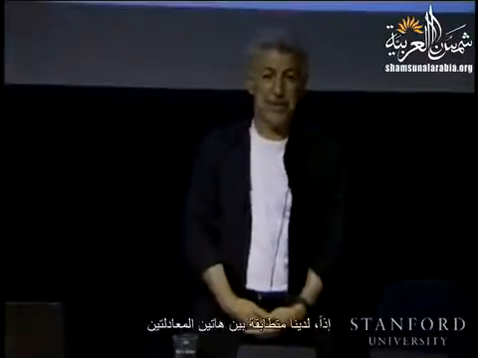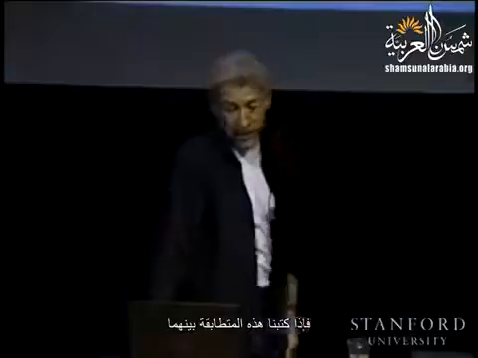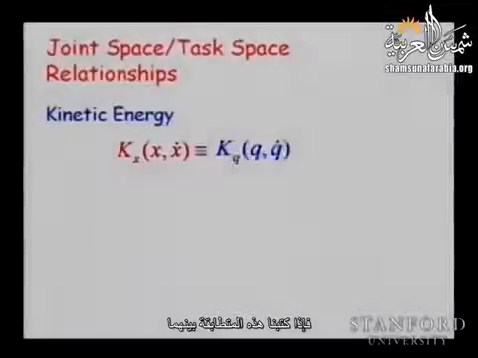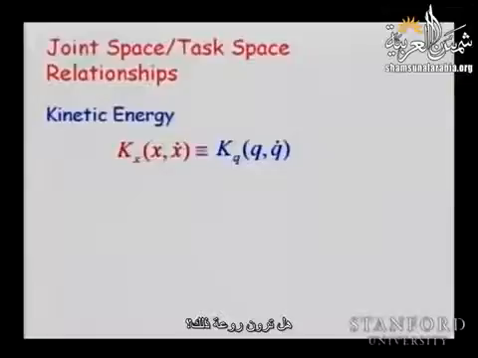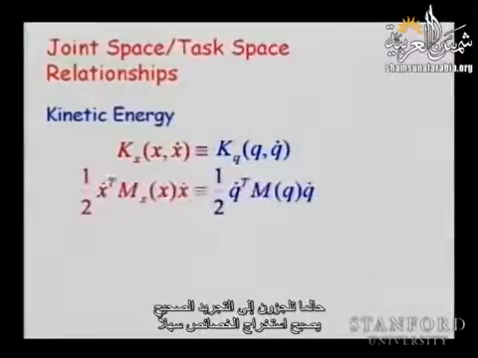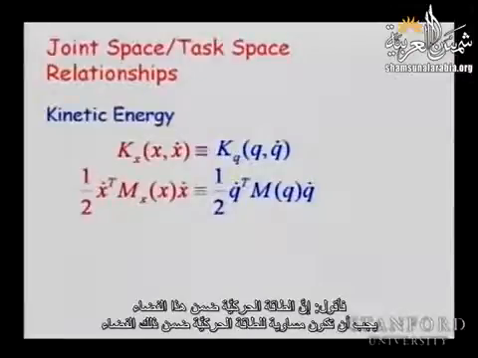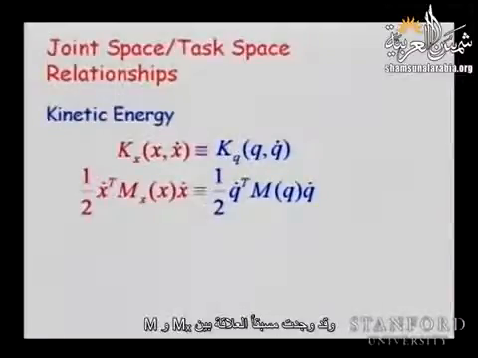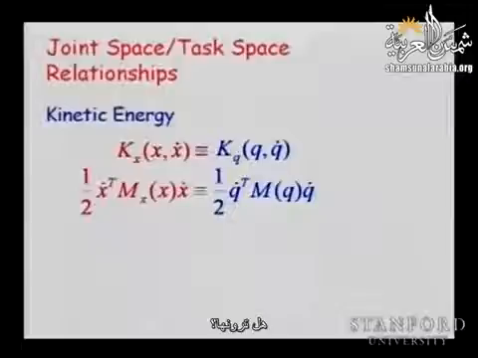So we have an identity between the two. So if we write this identity between the two, see how beautiful this is. Once you go to the right abstraction, it's very easy to extract properties. If I say the kinetic energy written in this space should be equal to the kinetic energy written in this space, I have already resolved the relationship between what Mx is related to M. Do you see it?